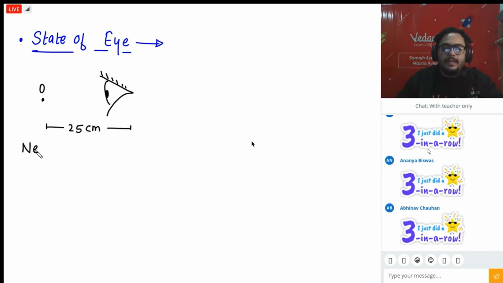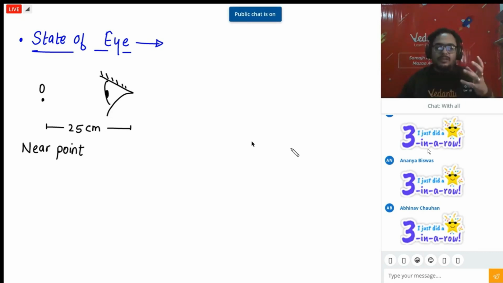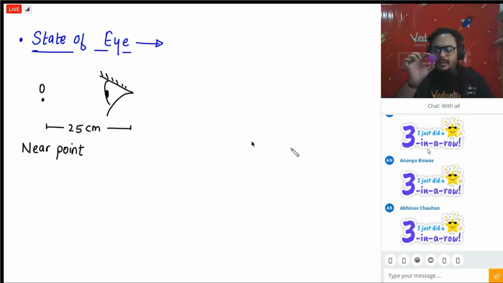If an object is placed at the near point, can you guys tell me, is my eye stressed or is it relaxed? No, Ananya, take something and place it 25 centimeters close. You will get stress on your eye. So this is the most stress that your eye can have while looking at an object that is clearly visible.